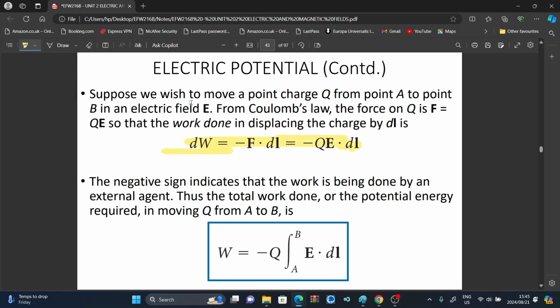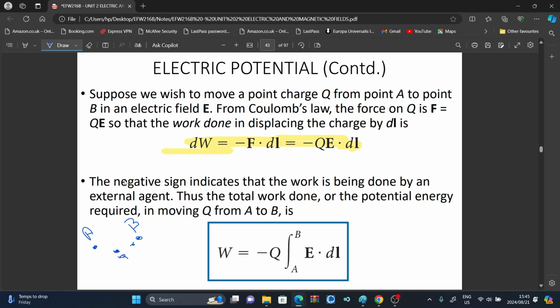But for now, they say you have a point charge Q moving from point A to point B in an electric field. Let me draw it here. That's your A and that's your B. Then somewhere around, you have a point charge, that's your Q.